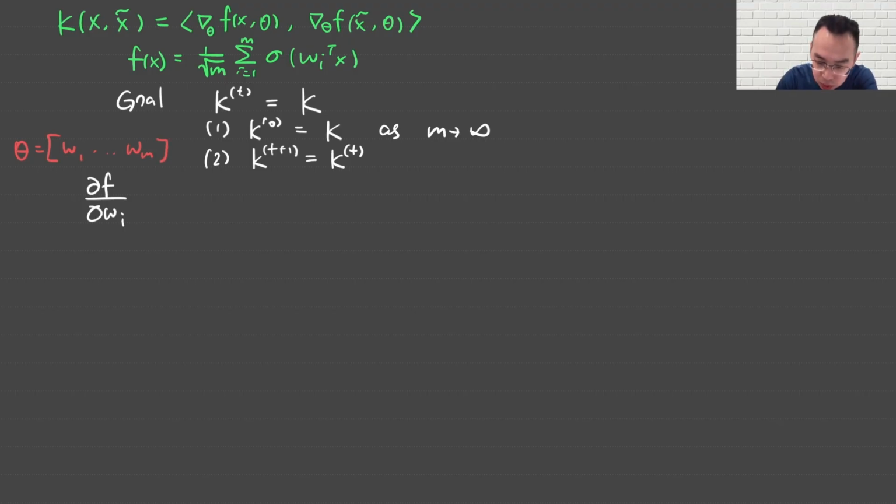So that will equal, you just apply the chain rule in here, then it's going to be 1 over square root of m. Okay, so let's just do the one layer first. So we apply the chain rule, and then we'll have 1 over square root of m times sigma prime, the derivative of the nonlinear function.